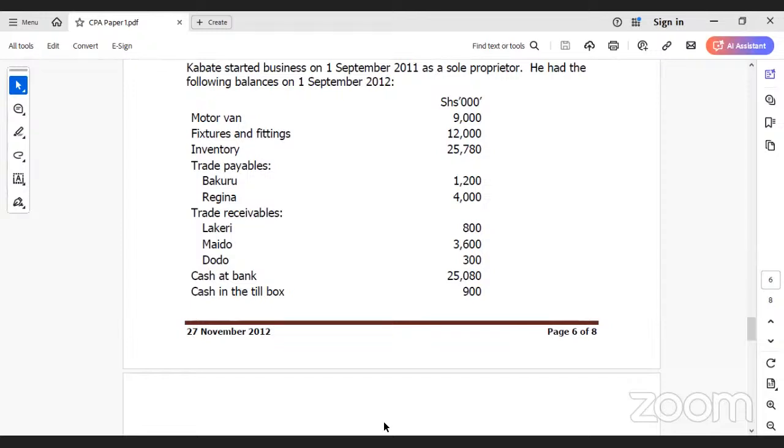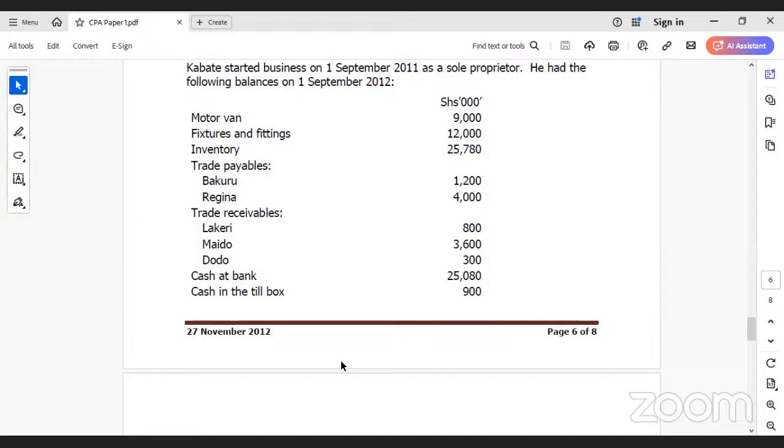Then Cash at Bank, we have that Cash at Bank account. Cash at Bank account, confirmed.